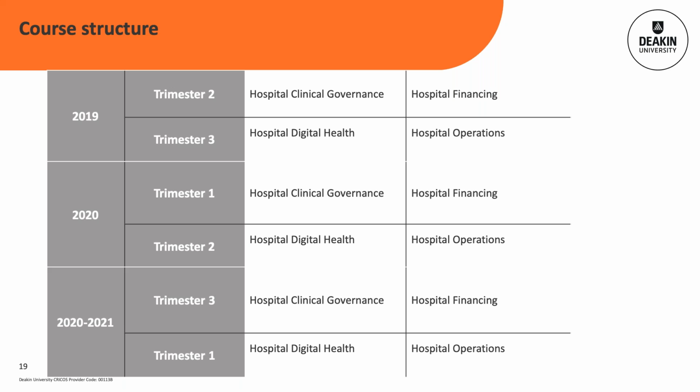When you complete those 4 subjects, in case you join in trimester 3, you commence with hospital digital health and hospital operations, and the following trimester, that's next year, you will complete hospital clinical governance, hospital financing, and then graduate, and so forth. So there's a lot of flexibility in when you can enroll, and once you complete the 4 subjects, you graduate from the course.